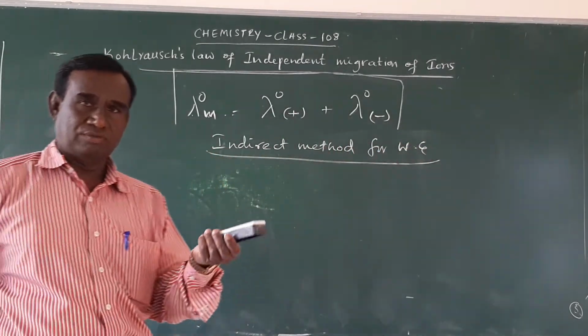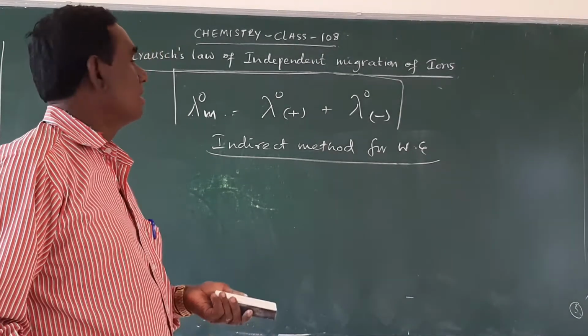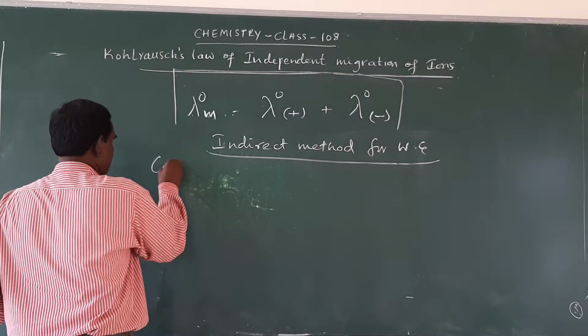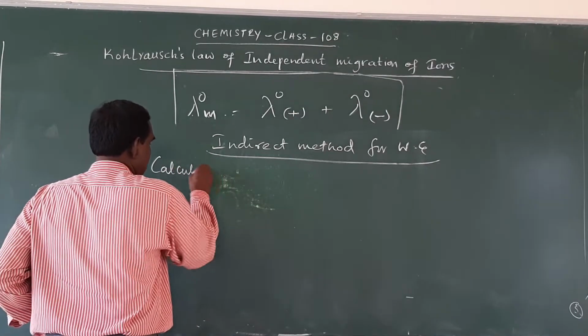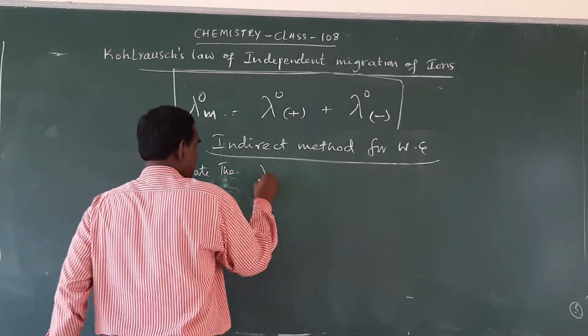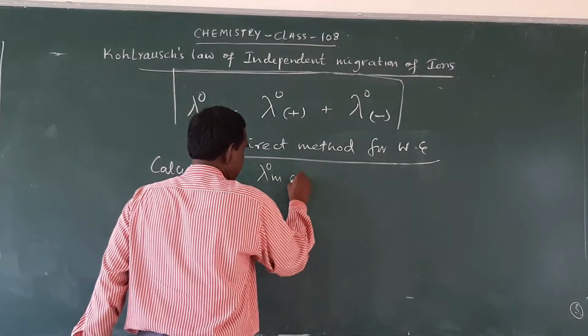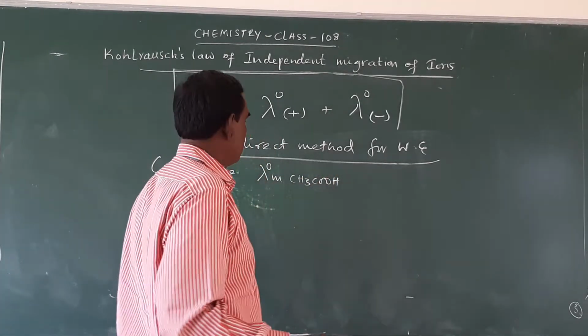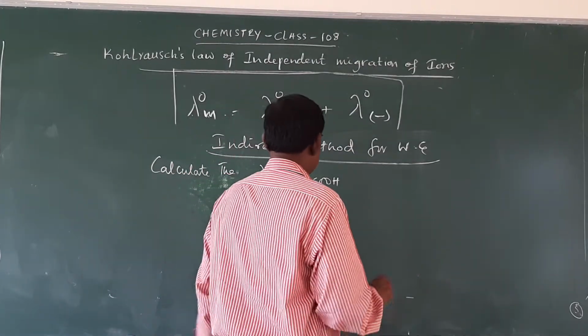For acetic acid, of course, like this. So in the indirect method, for example, calculate the lambda naught m of acetic acid given.